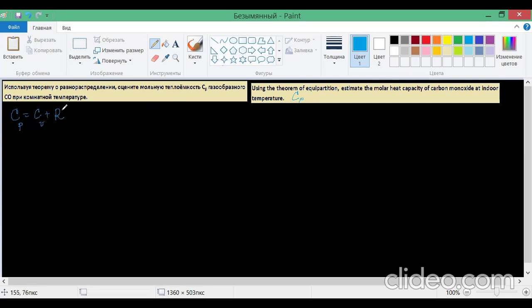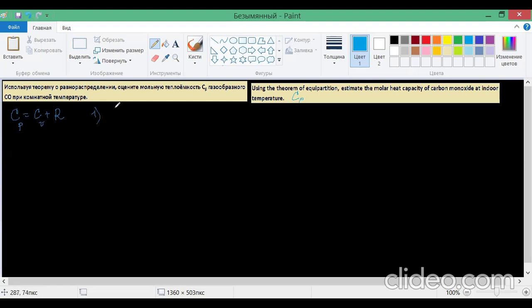And in order to do that, we should understand that there are a few inputs into the numerical value of the heat capacity. The first input is so-called translation movement input.